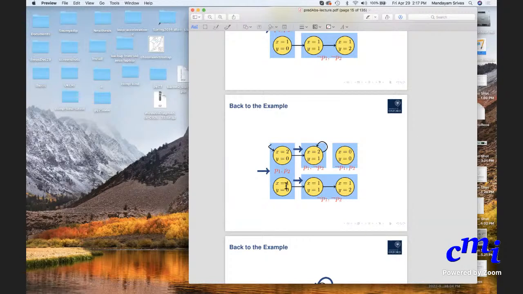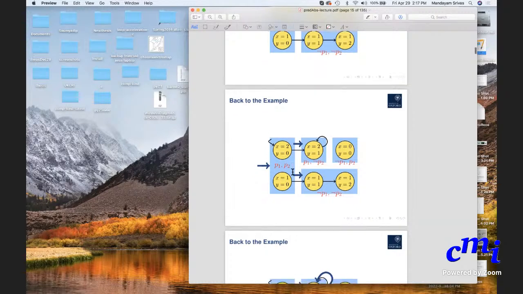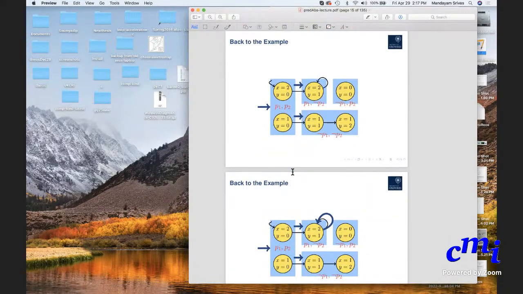So this is a finite state to finite state abstraction. But if you assume you are starting with a concrete system with infinite states where x and y range over natural numbers, then of course you have a lot more states in each of these blue boxes. That's how the abstract states are defined.